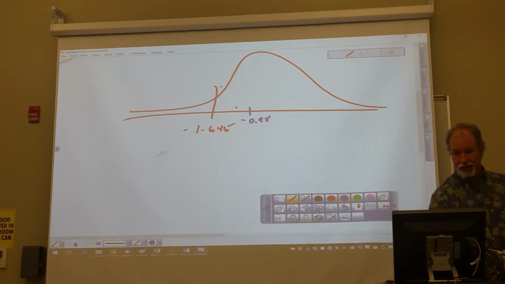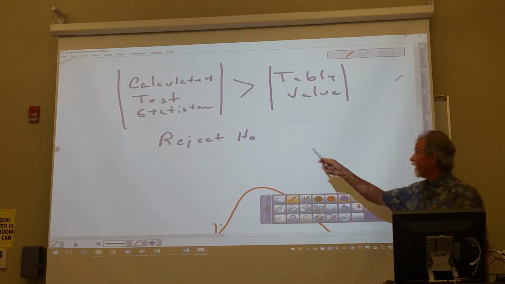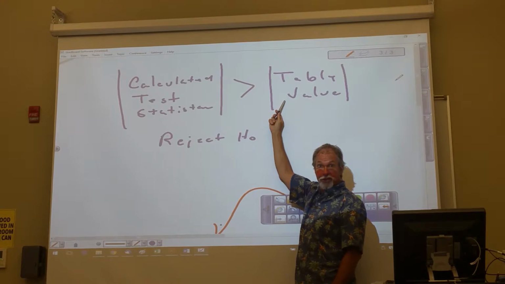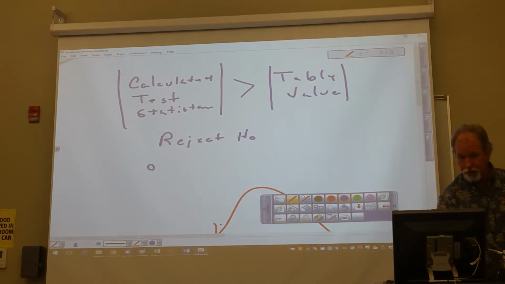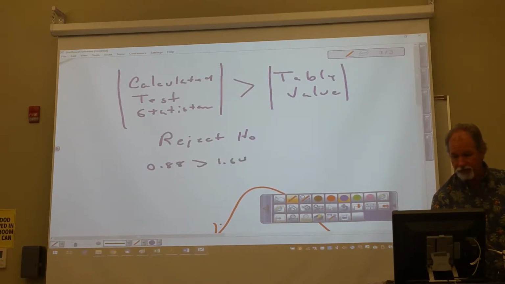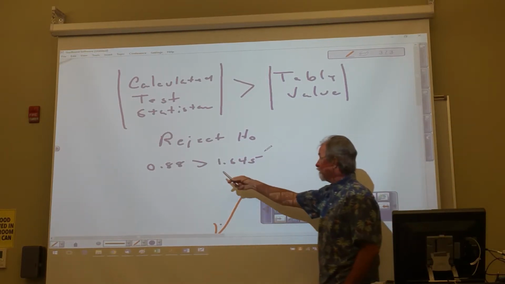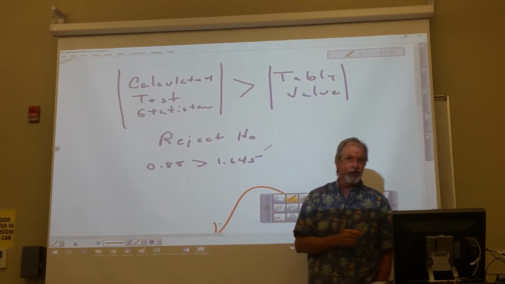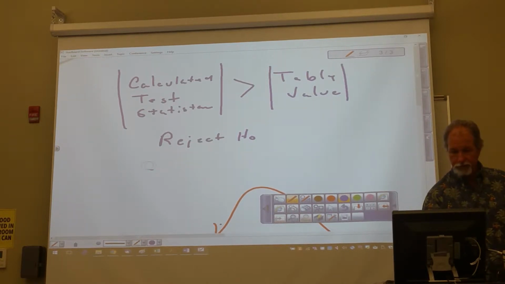In this particular case, do not reject the null hypothesis. Here I said that if the absolute value is greater than the table value, I reject. So the question is, is 0.88 greater than 1.645? So this is not greater. So I do not reject.